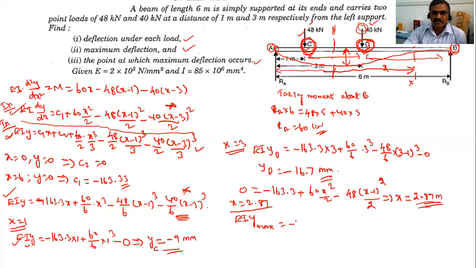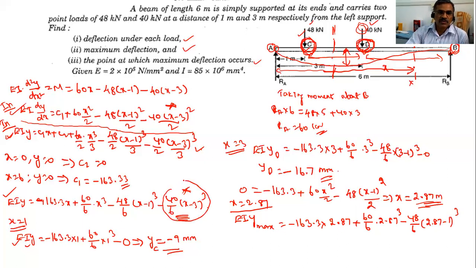So minus 163.3 into 2.87 plus 60 by 6 into 2.87 the whole cube minus 48.6 into 2.87 minus 1 the whole cube. Here also you should not take this term.